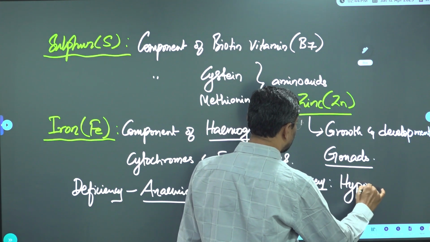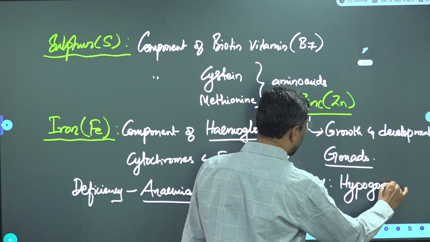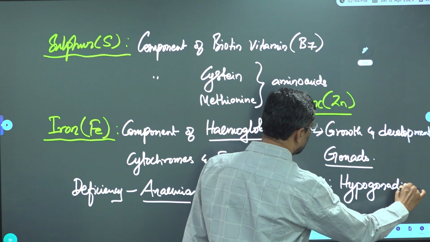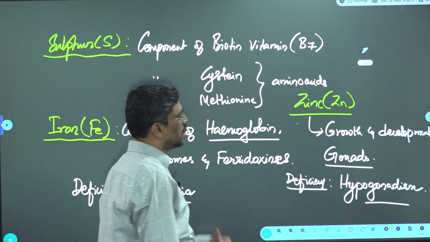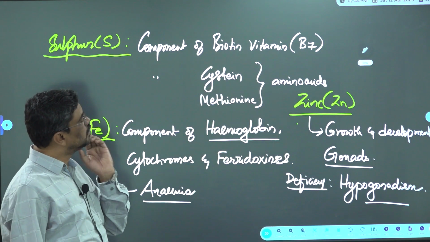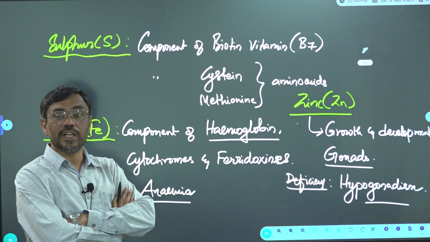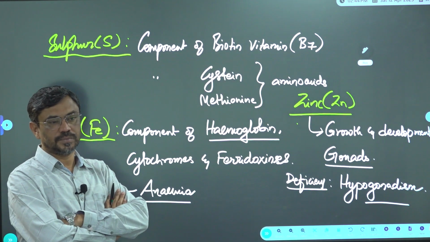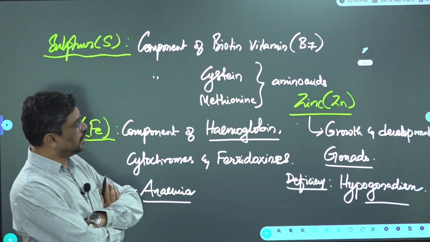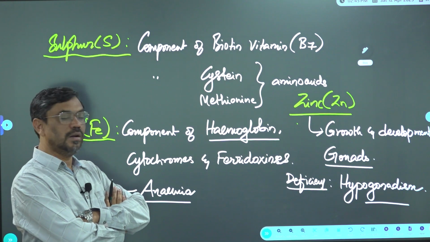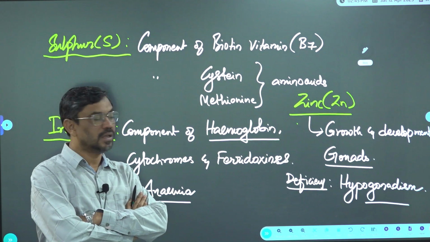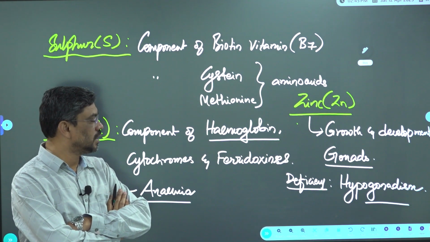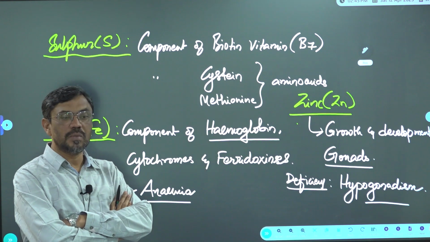Deficiency causes hypogonadism. It leads to impotency or sterility. So zinc is required for growth and development, particularly for development of gonads, and deficiency causes hypogonadism.